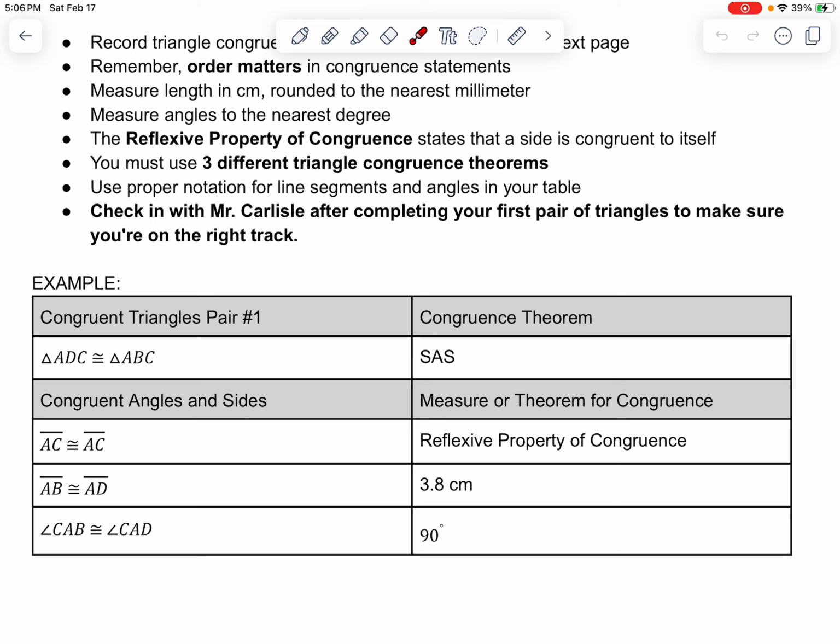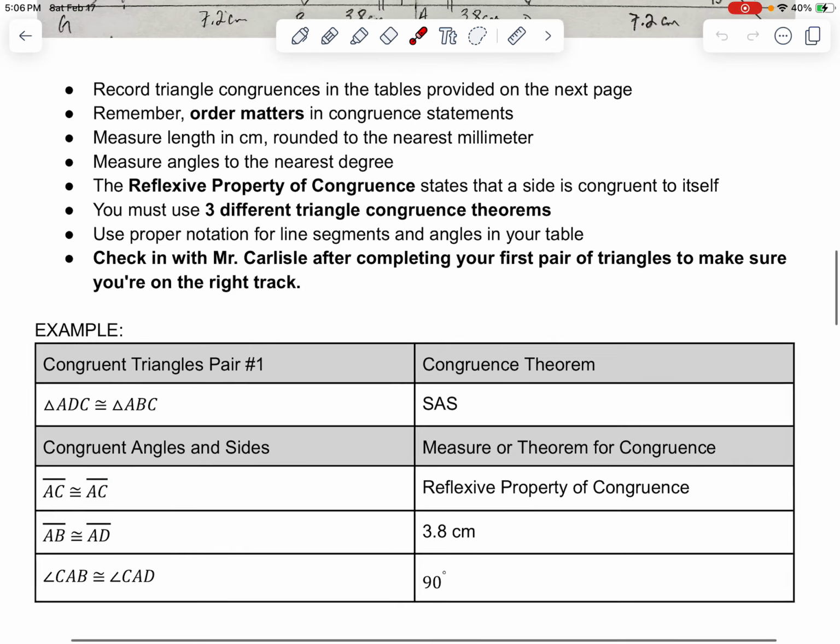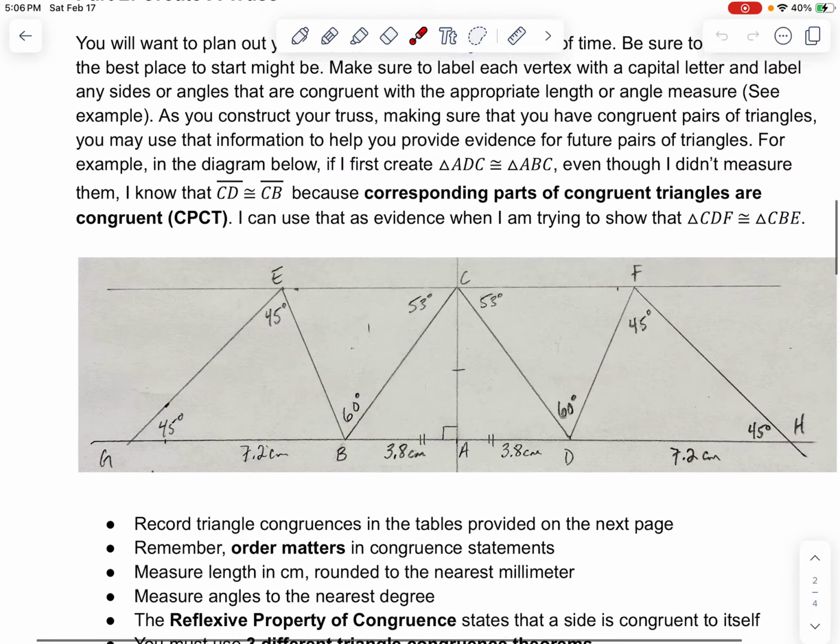If you're telling me that these two sides are congruent, you have to say why, either based on the measurement or this property. We've seen this property a couple times before. The reflexive property just says that something is the same as itself. Since this side is used in both triangles, that's how we know that it's congruent to itself.